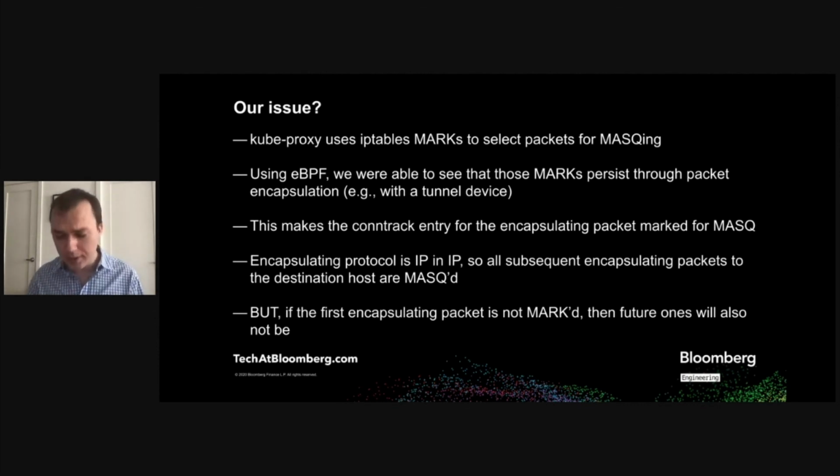So if the first encapsulated traffic that goes through this tunnel is marked for Masquerade, then all subsequent encapsulated traffic, even if it's on a different encapsulated connection, is going to be using the same encapsulating connection. And so all of that traffic is going to be masqueraded.